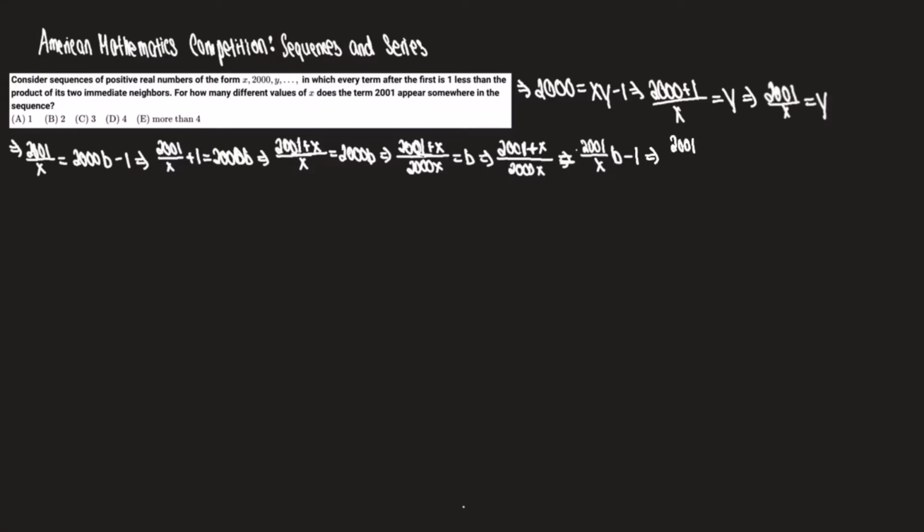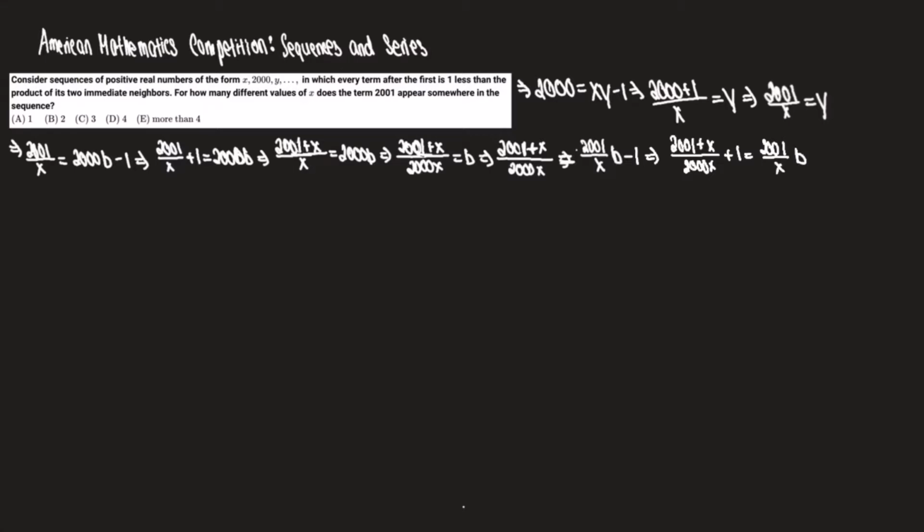2001 plus x divided by 2000x plus 1 equals 2001 divided by x times b.